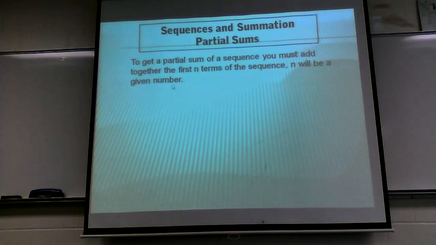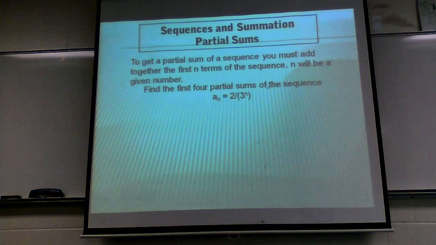What'll probably be asked of you is to look at the numbers that you get for the sums and try to find a pattern, and come up with a rule for the sum so that you can plug in. Like if I said the sum of the first 50 terms, you could just take 50 and plug it into your formula.